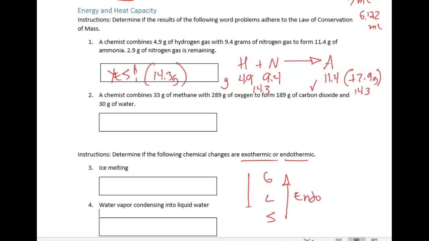So the opposite must be true. As things condense or as they freeze, the process releases energy. It's exothermic. And water vapor condensing, that's going from a gas to a liquid. So that's that one. That must be exothermic.